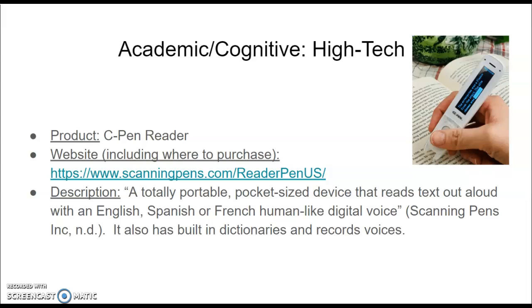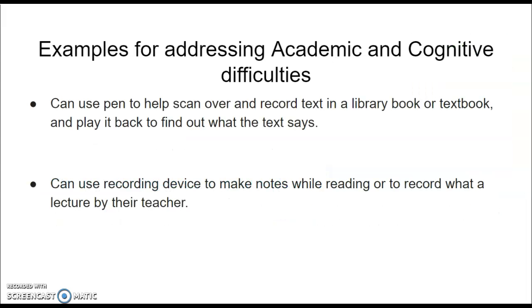It has different built-in dictionaries, and you can also record voices on it. These can be used to, say, scan over and record text in a library book or textbook and play it back after the fact to find out what the text says.